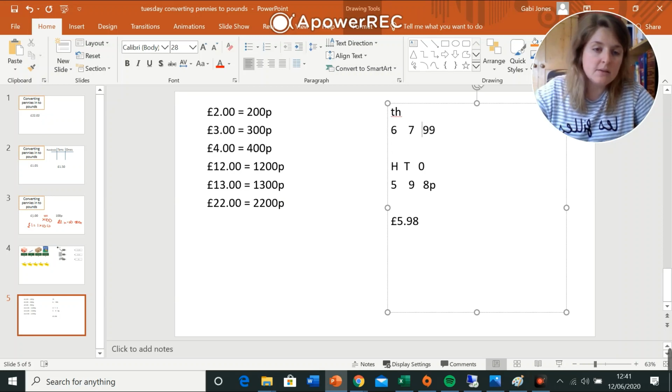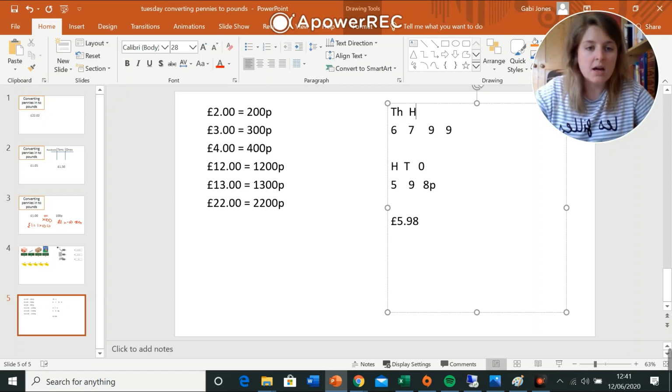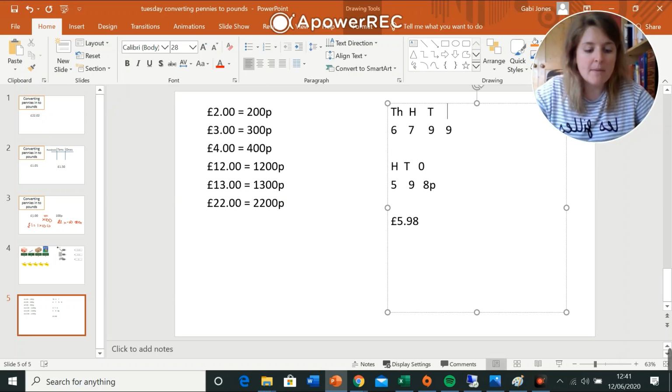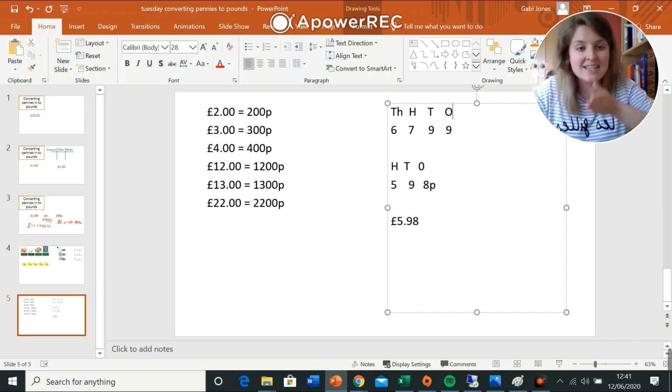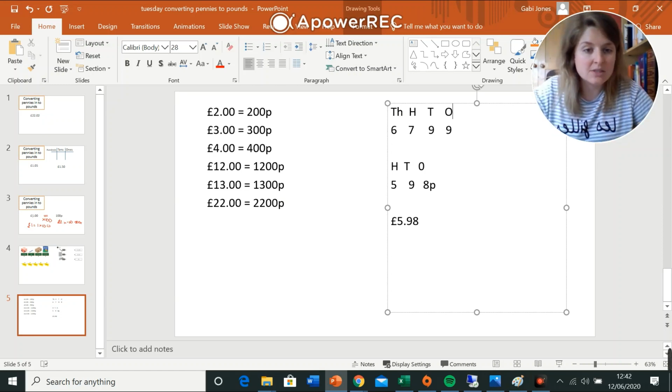Let's separate these numbers up a little bit so I can get them in different columns. I've got my thousands column, I've got my hundreds column, I've got my tens column, and I've got my ones. So I can see here that I've got 9 ones, 9 tens, 7 hundreds, and 6 thousands.